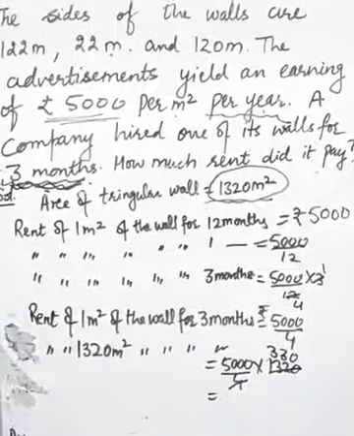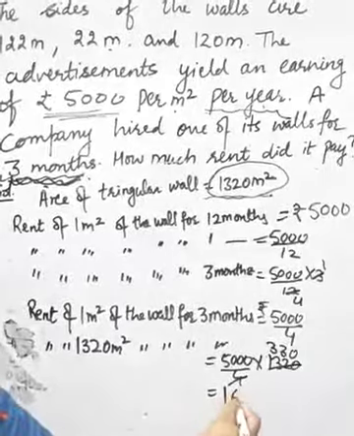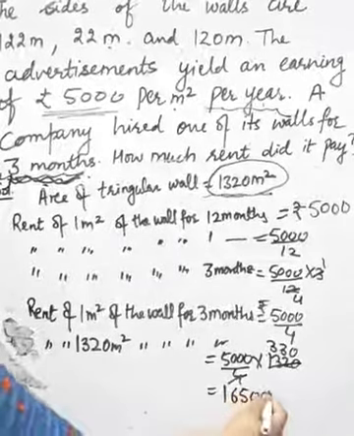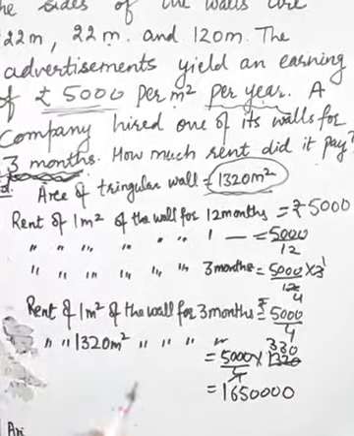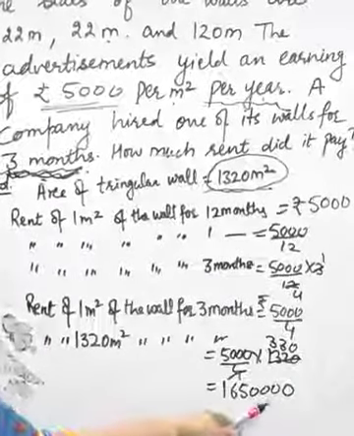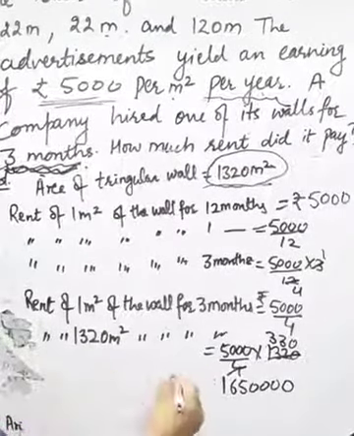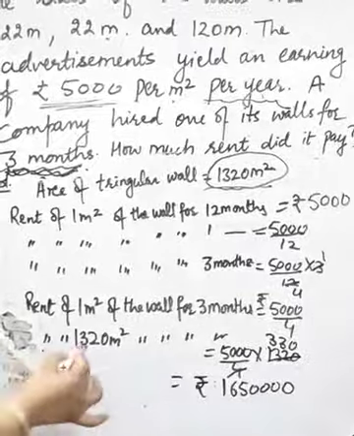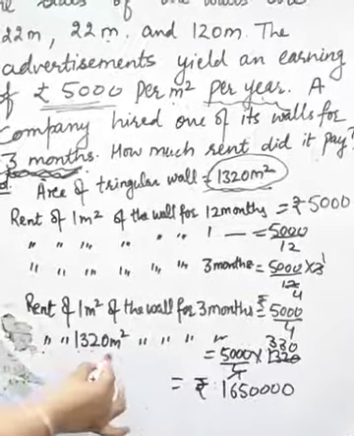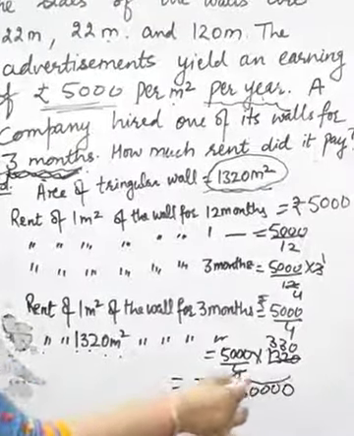Now multiply 5,000 and 330. Then the product will equal to 16,50,000 rupees. It means rent of 1,320 meters square equal to 16,50,000 rupees.